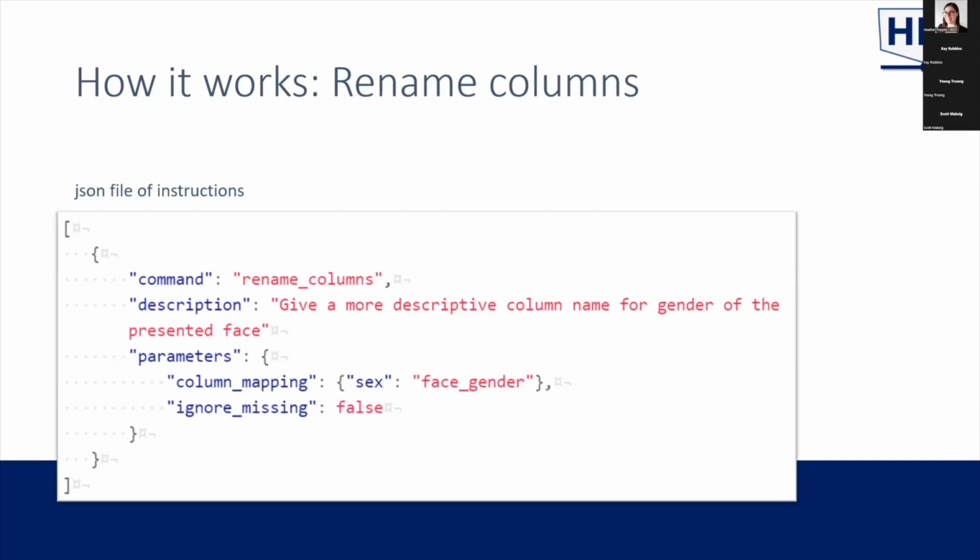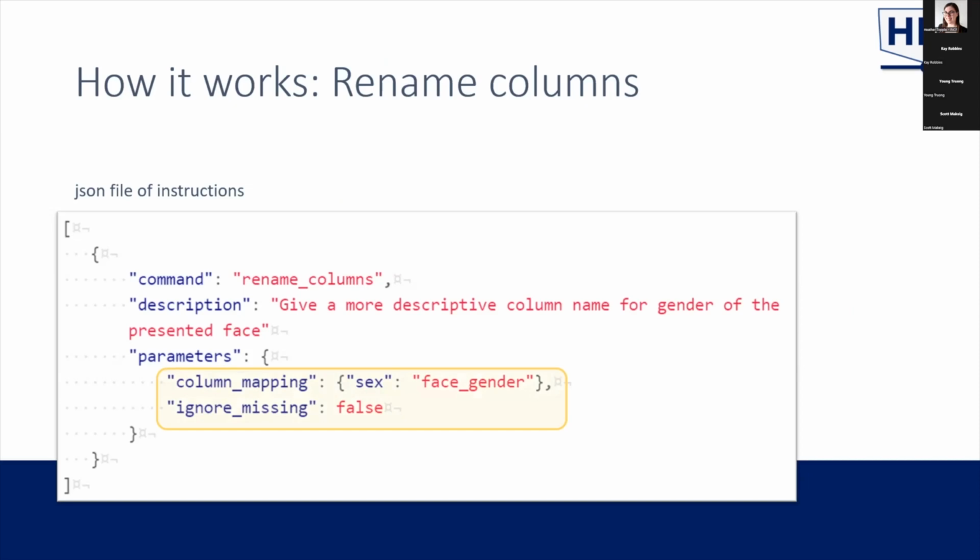And for every command that you want to run, you have to provide the command name, a description, and then you have to provide specific parameters. The parameters are different for every command that you run, and you can find which parameters are required for a specific command in the documentation. In case of the rename columns command, the required parameters are the column mapping and ignore missing.